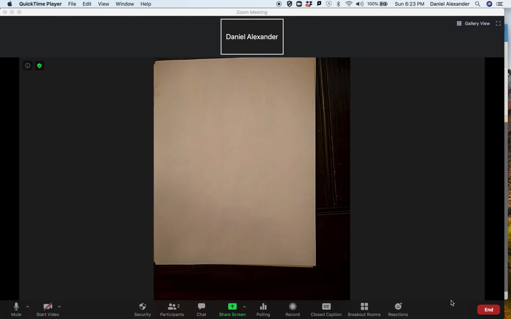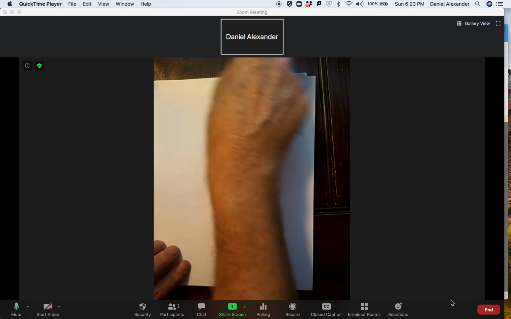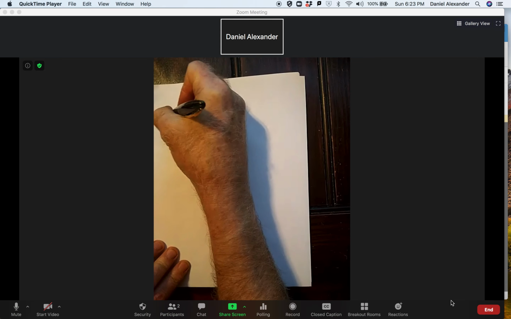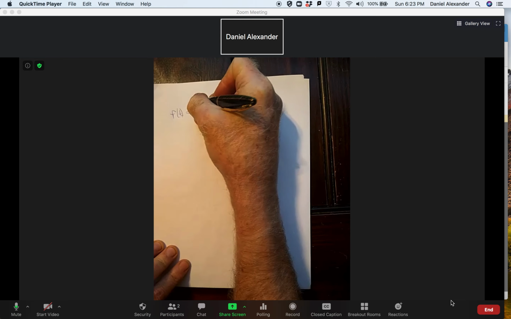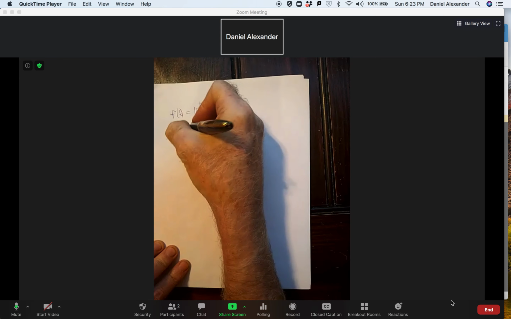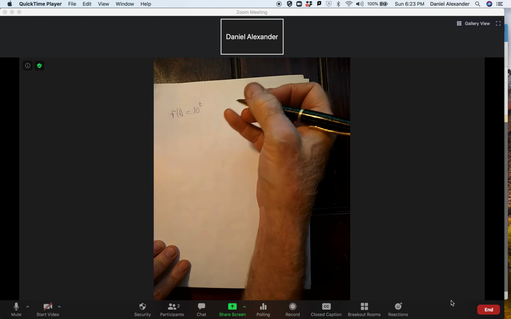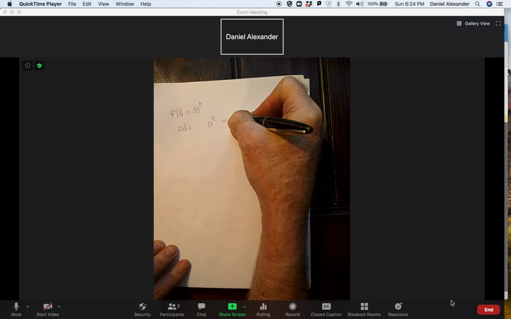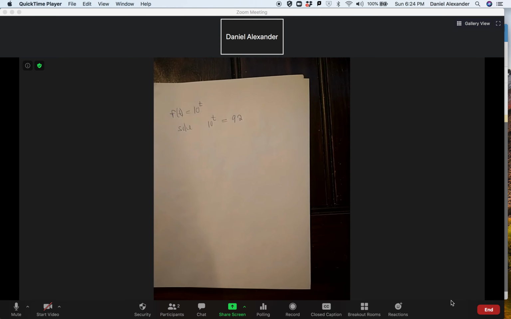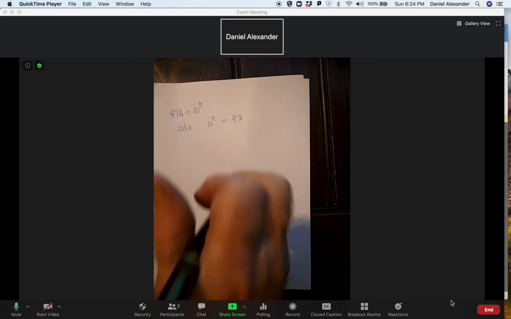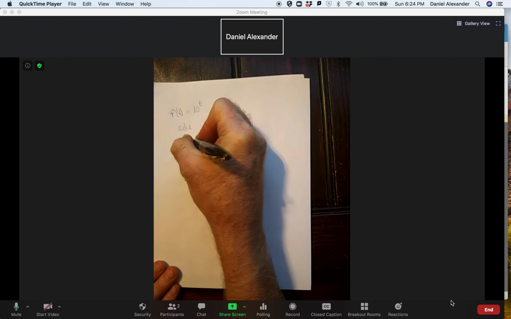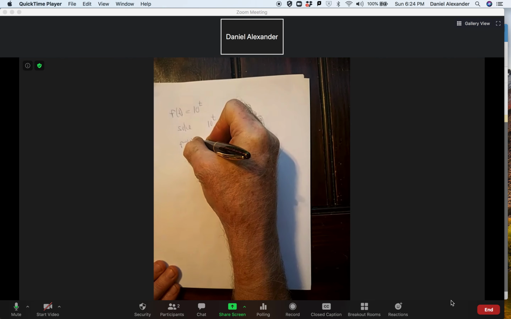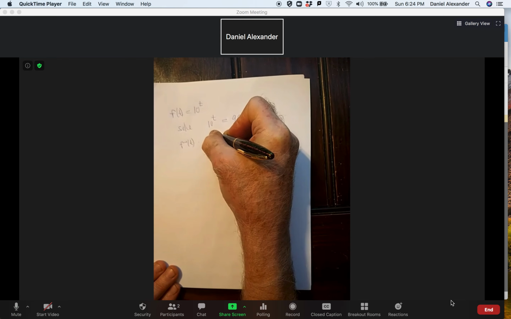Okay, so now I want to just look at some exponential functions. So here's one, f of t equals 10 to the t, and what I want to do is solve 10 to the t equaling 92. No real reason that I'm choosing 92. It's just kind of a random choice of numbers. So what I would do is find this magical inverse, and I would plug in my answer.